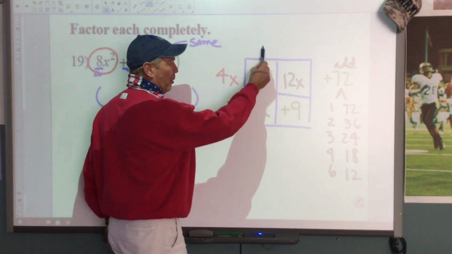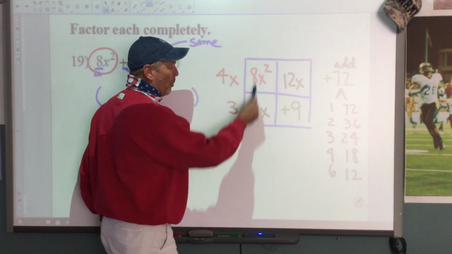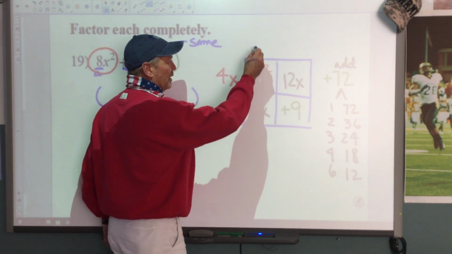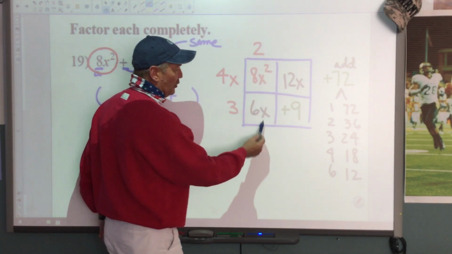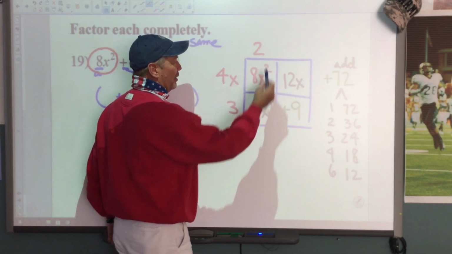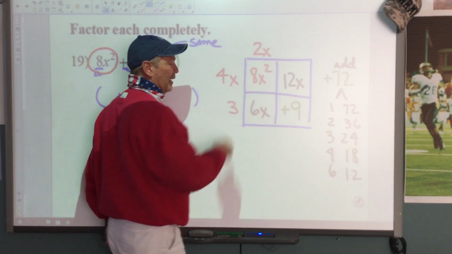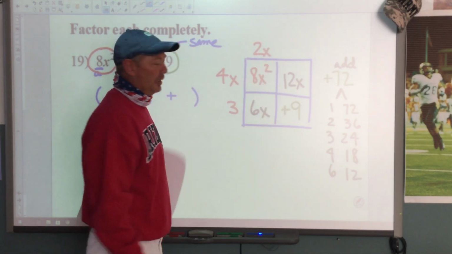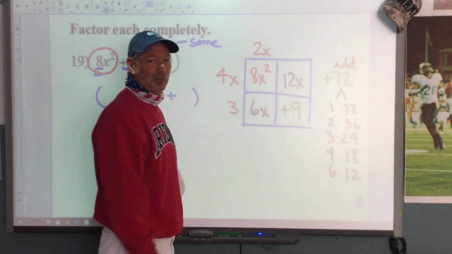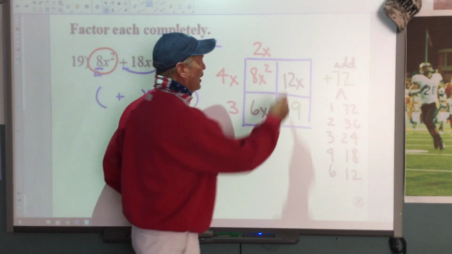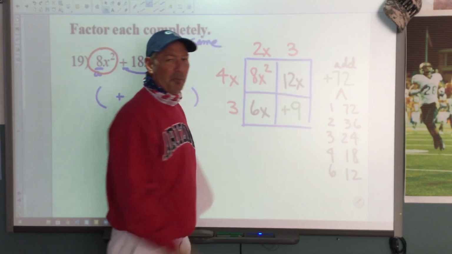Then going up, do they have a number in common? And you would say yes. The number 2 goes into both of those. And then you say yes, they have an x in common. The variable x goes into both of those. And then you come here and say, what number goes into both of those? And you can say the number 3.